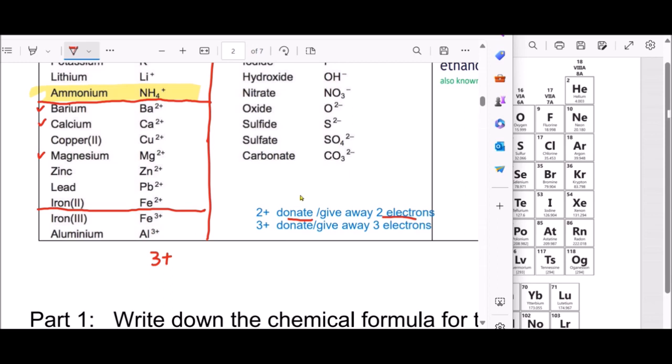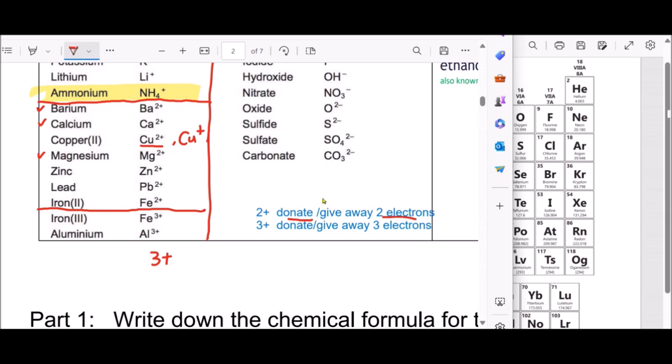You might ask, this has more than one, so why is this showing only positive 2? Because for IGCSE level, there is actually another one, which is Cu plus, copper positive one, but we don't usually use it.